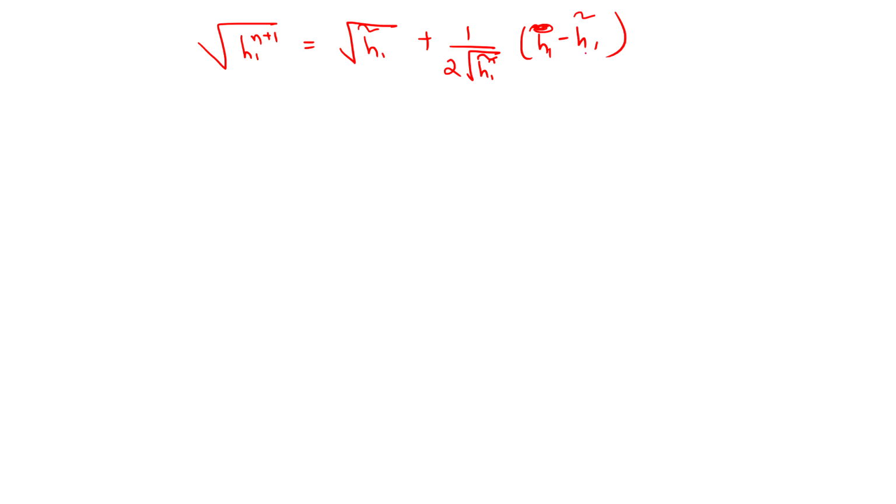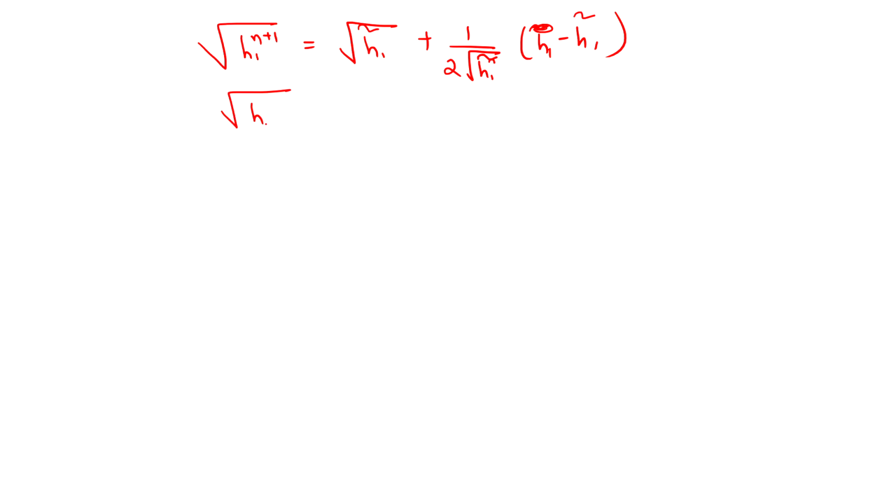As we remember, the linearization of root h1^(n+1) will become root h1 tilde plus 1 upon 2 root h1 tilde times (h1 minus h1 tilde).